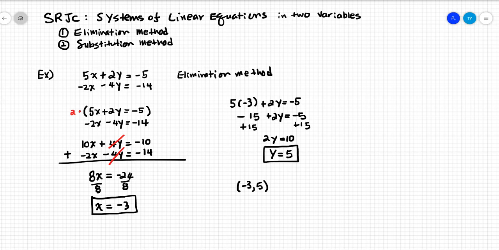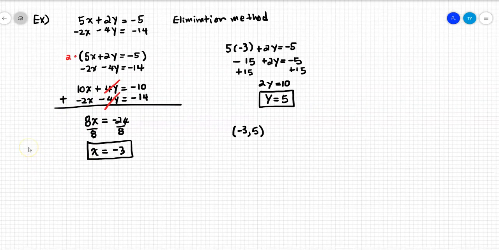Now let's look at another example, just to make sure that everyone understands. And then we'll go on to the substitution method.